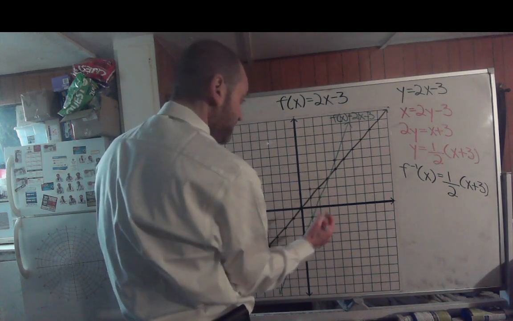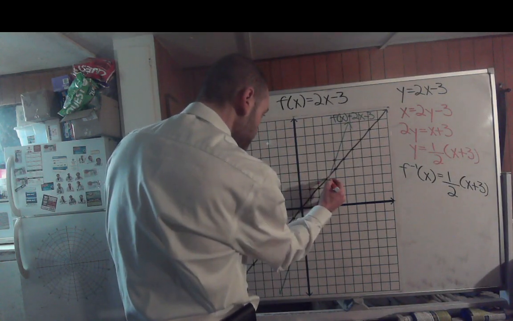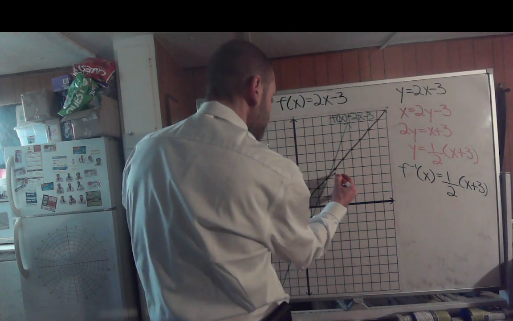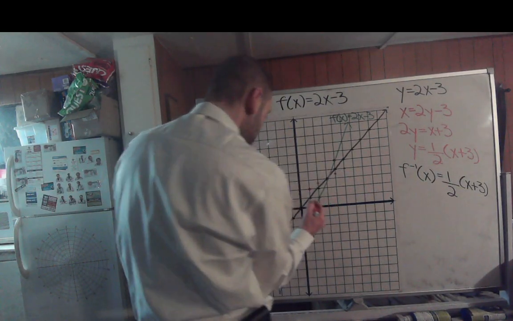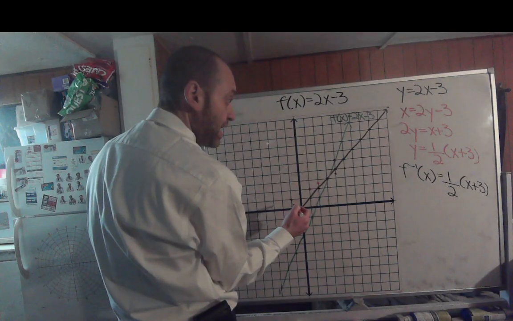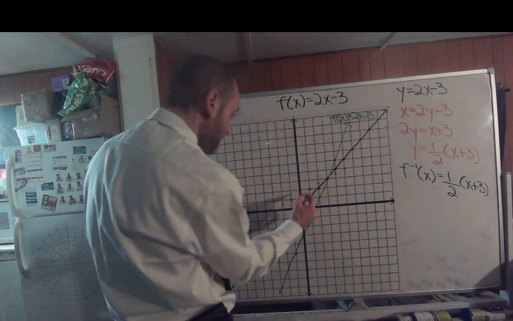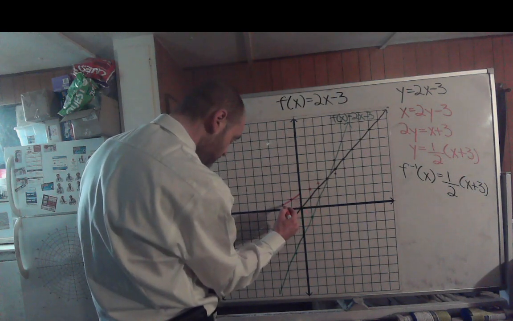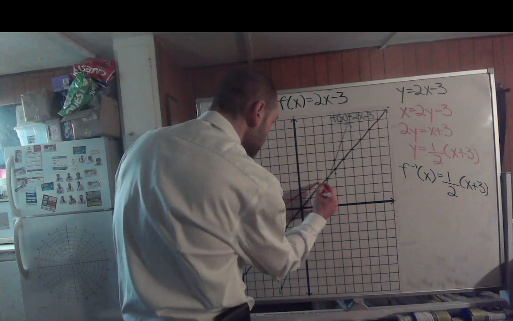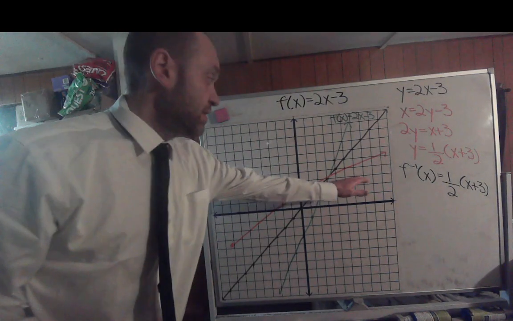When x is 2, you get half of 5, which is 2.5. x is 3, you get half of 6, which is 3. x is 4, you get half of 7, which is 3.5. x is 5, you get half of 8, which is 4. -1, you get half of 2, which is 1. -2, you get half of 1, which is a half. -3, you get half of 0, which is 0. So in the orange, I have my f inverse of x.